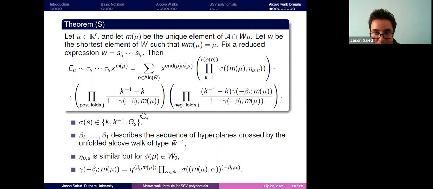Inside this formula, we have these beta j's that appear, and these are precisely the same as in Ram and Yip. The way you can get them concretely is by taking an Alcove walk of type W inverse and writing down the hyperplanes that it crosses. So the positive roots corresponding to those hyperplanes are exactly these beta j's.